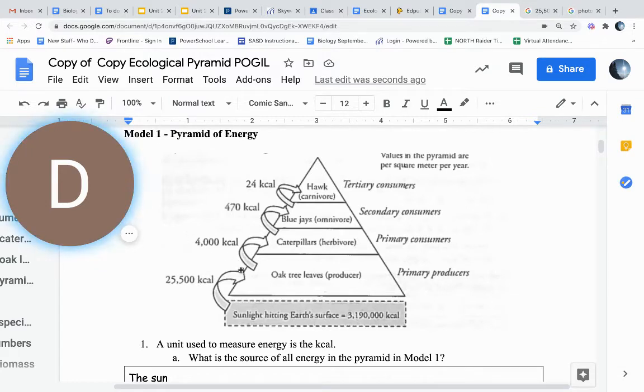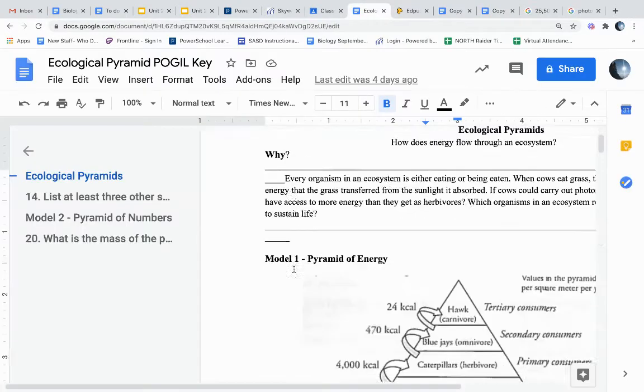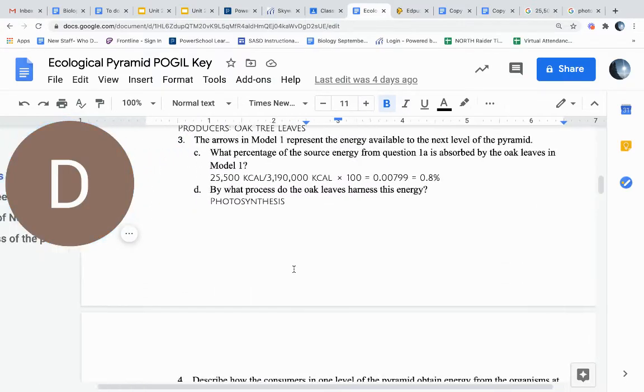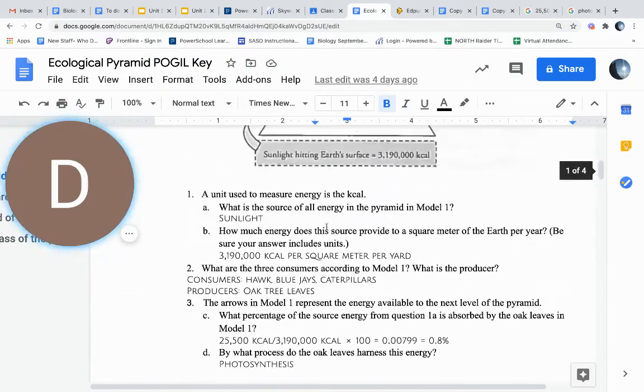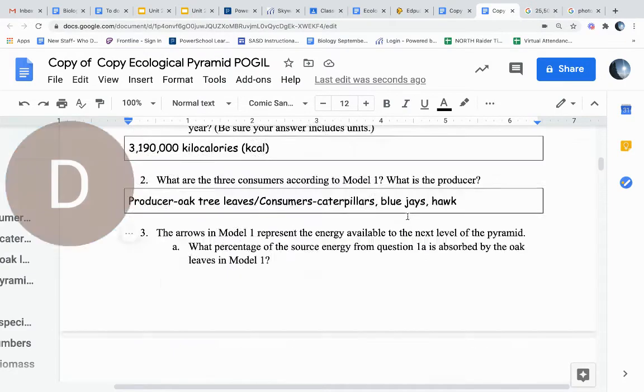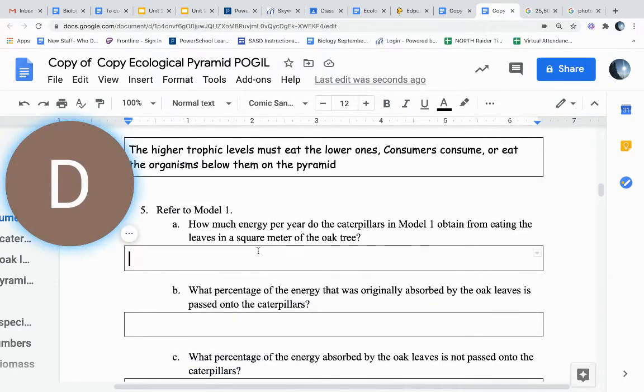We're going to be looking at how much the caterpillars have. So which of these values is going to be the caterpillar's energy? It's going to be the 4,000. Let me just double check that I am indeed on the right track here. And yep, that is exactly what we're looking for. It is the 4,000 kilocalories.